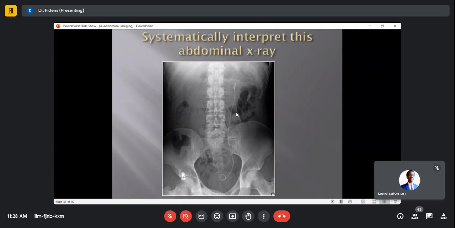About penetration, it is good because I see the spinous processes, very visible, and some internal organs and soft tissues are seen.